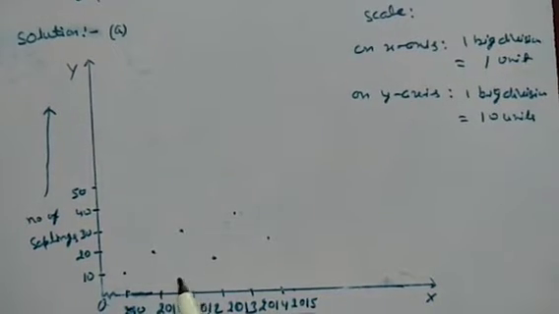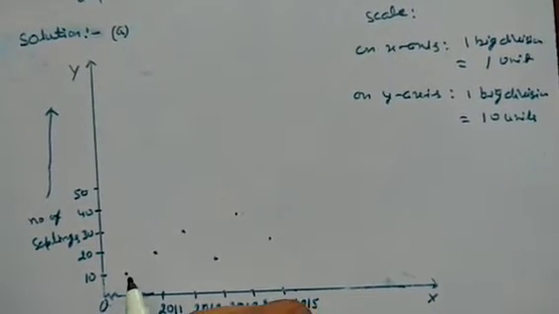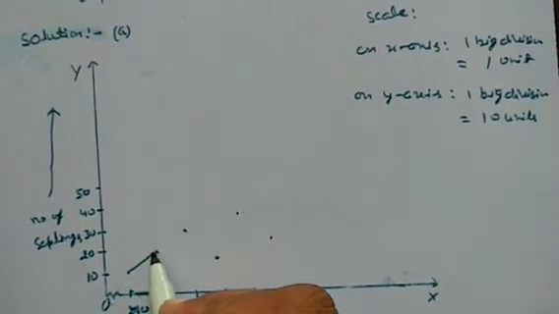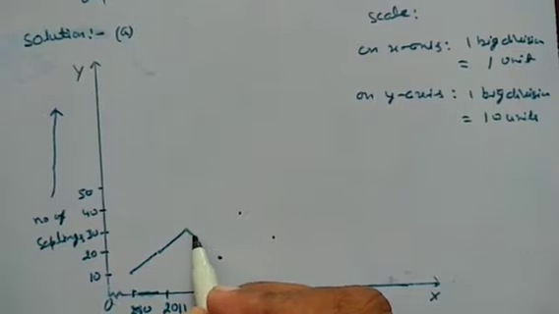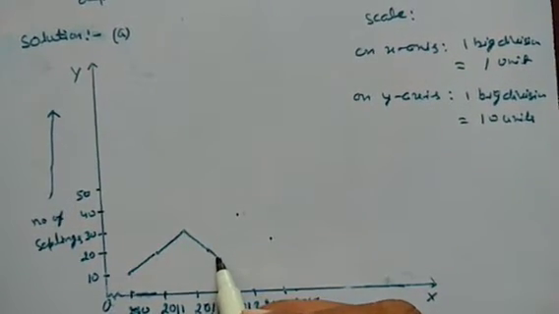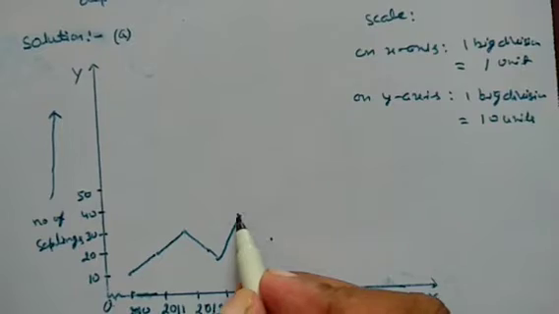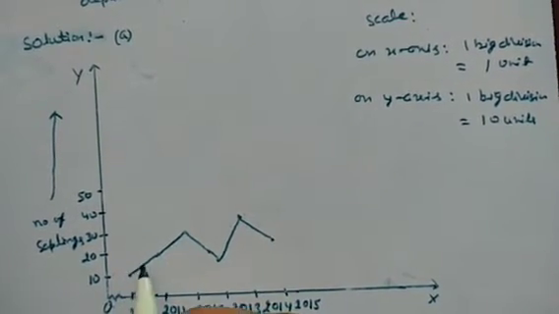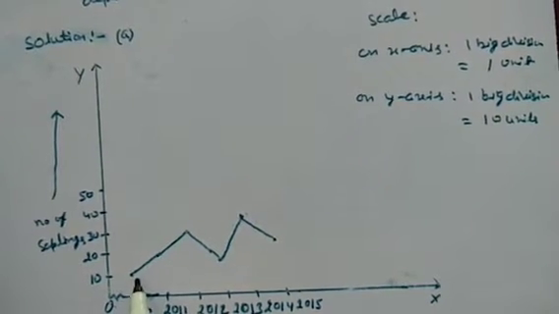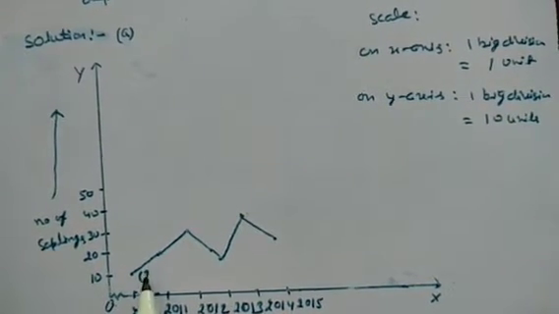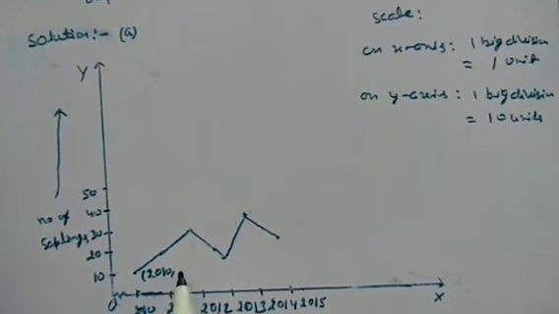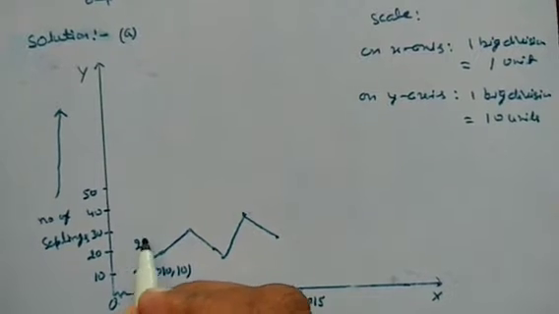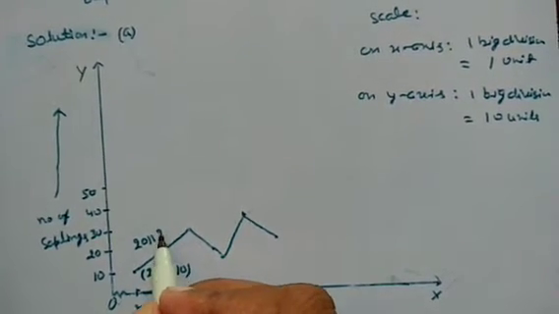Now we join the points with a straight line and write the ordered pair of each point. The first point is 2010 and 10. The second point is 2011 and 20.